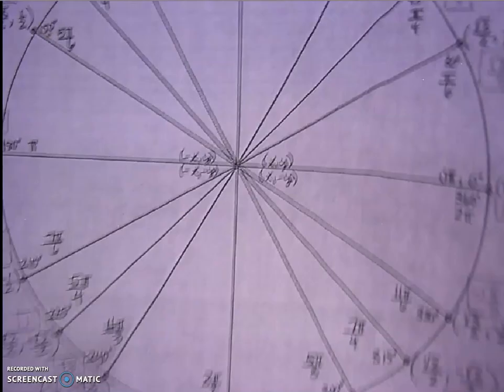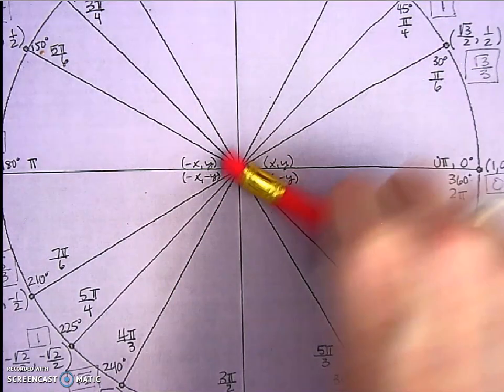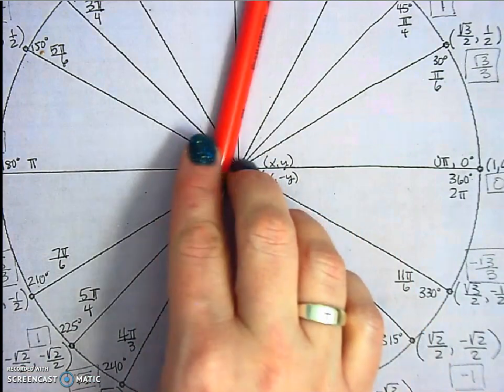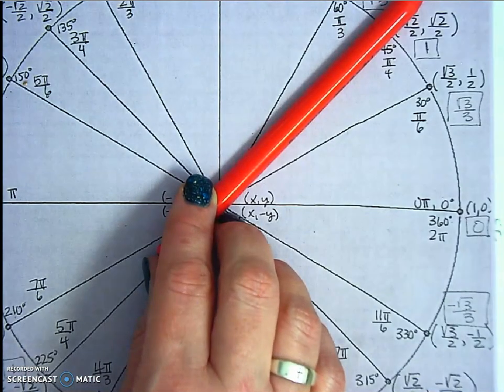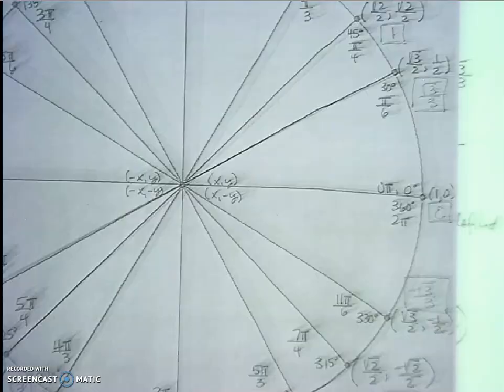-7 pi over 4 means to rotate in a clockwise direction that same distance, which lands us right here at positive pi over 4. But instead of thinking about it like that each time, here's a shortcut.